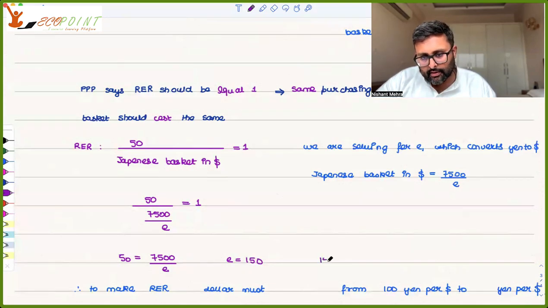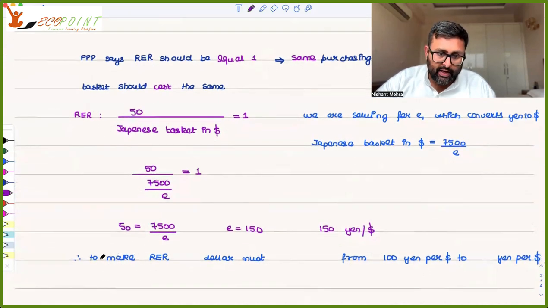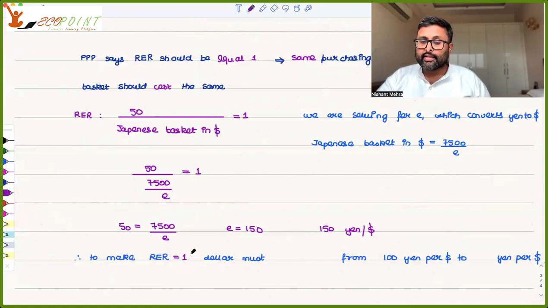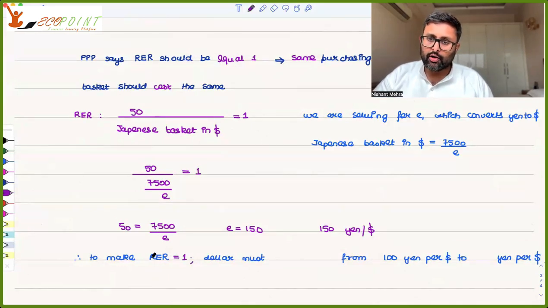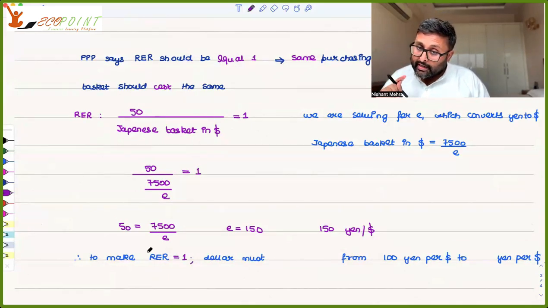That means 150 yen per dollar. This is the meaning. So to make the real exchange rate equal to 1, what should happen to the dollar? Earlier, it was 100 yen per dollar. In $1, you can buy 100 yen worth of goods. Now, for the real exchange rate to be equal to 1, the dollar should appreciate. $1 should buy 150 yen worth of goods.